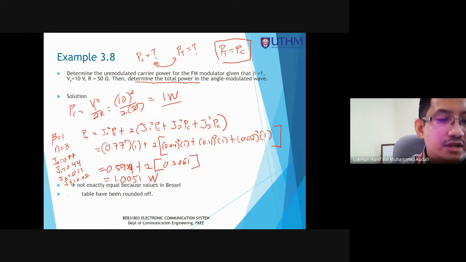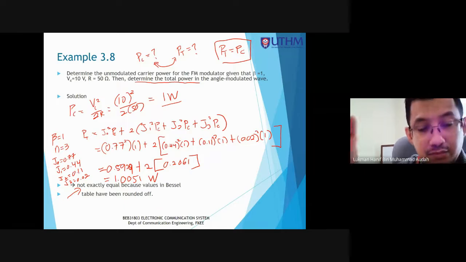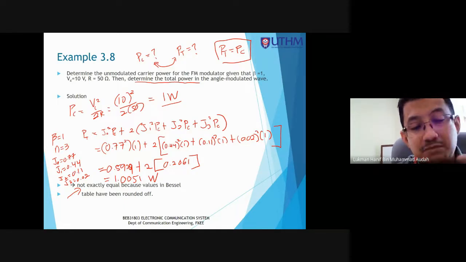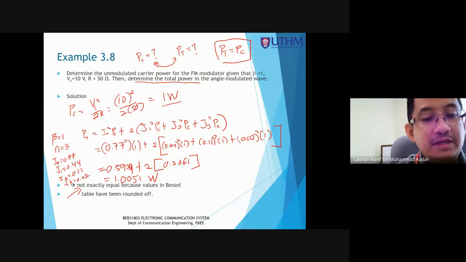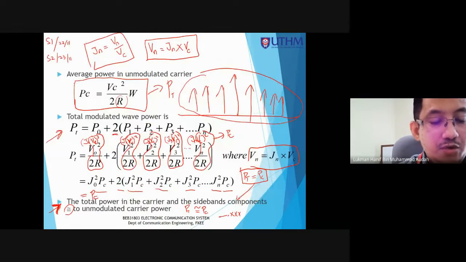You see that here not exactly equal because the values in the Bessel table have been rounded off because it has removed the value less than 0.01. So dia tidak menjadi masalah sebenarnya kerana total power adalah sama atau hampir sama dengan PC. So this example wants to prove the previous statement over here, which is approximately equal.